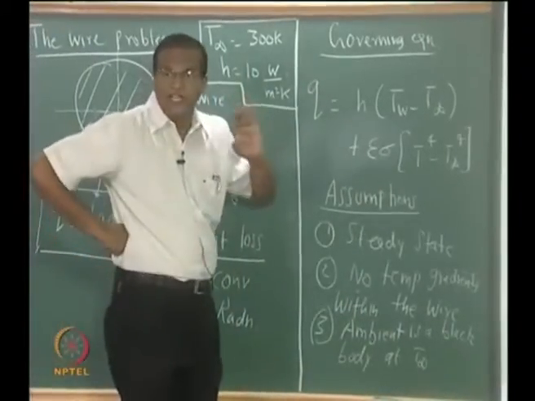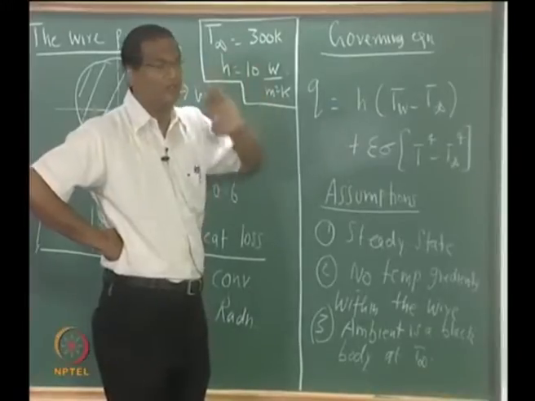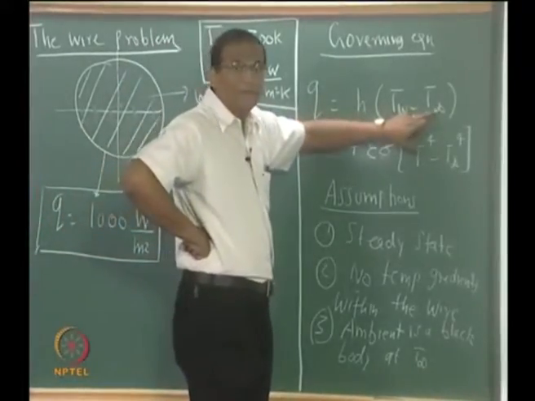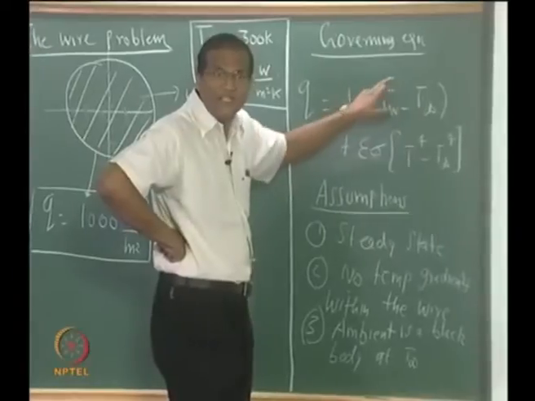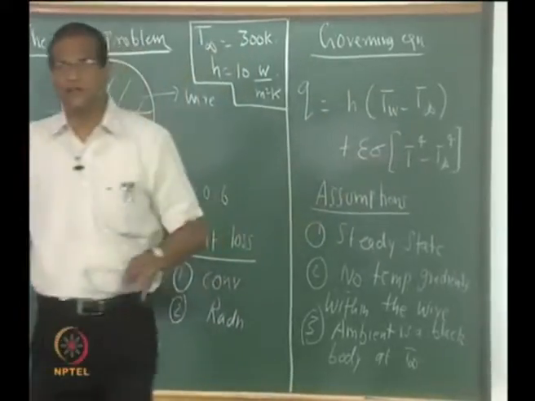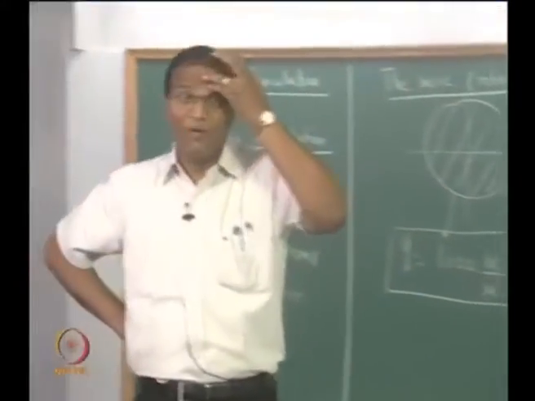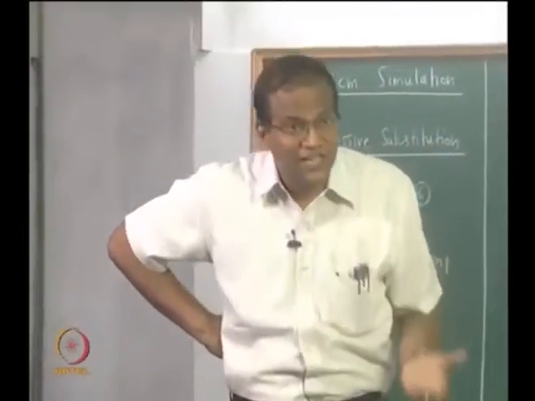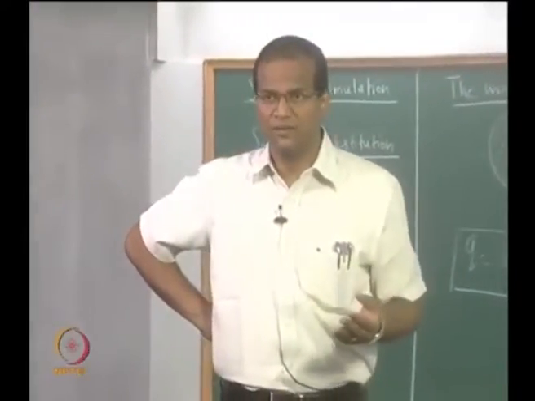The other most important thing is, watch carefully. The ambient temperature for free convection is the same as the ambient temperature for surface radiation. Oftentimes, without realizing, we just take this for granted.